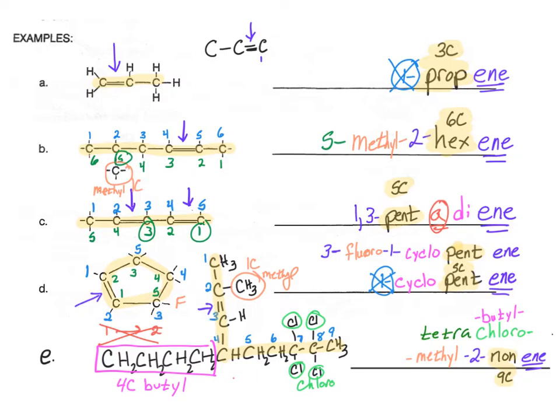And finally, we need to number this. So as we're numbering it, remember that we must prioritize the double bond. So we've already chosen the direction with that carbon being number 2. We'll see that the methyl is also on carbon number 2. Then we see that the butyl group is on carbon number 4, and 2 of the chloros are on number 7, so we'll write 7, 7, and 2 of the chloros are on number 8, so we'll continue on with 8, 8.